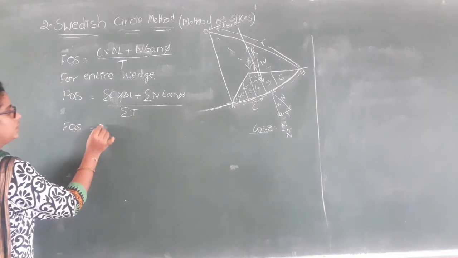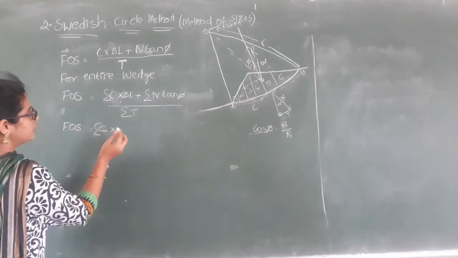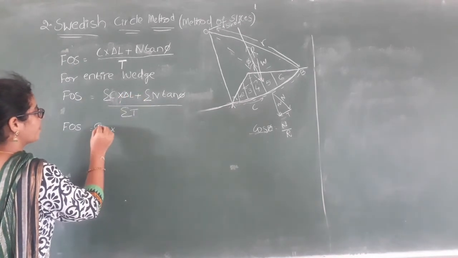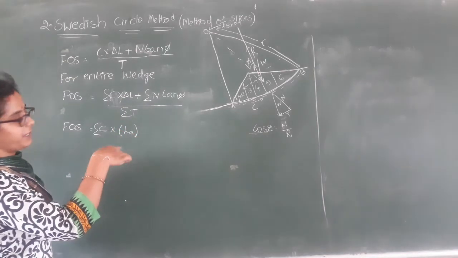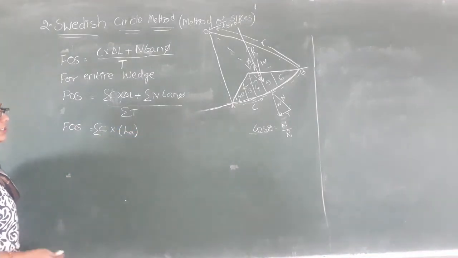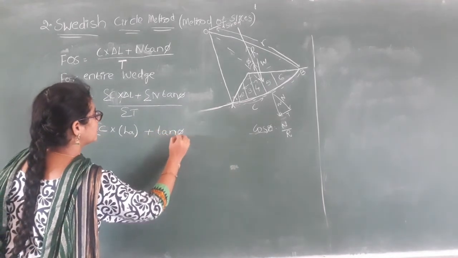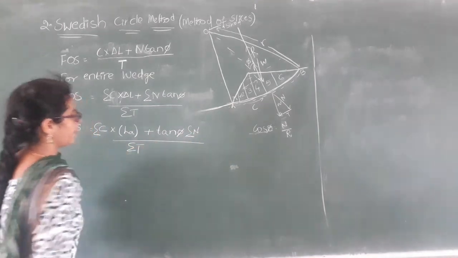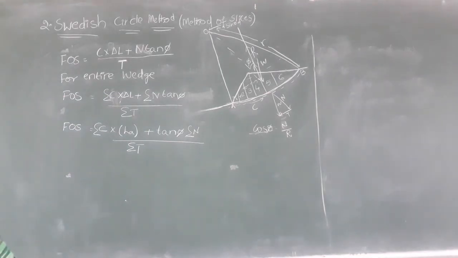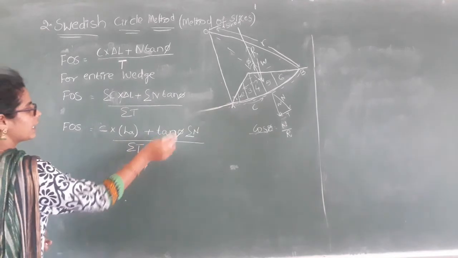Factor of safety is equal to C, we can take out delta L, summation of C into delta L can be written as L_A, the entire length of the slip surface, entire length of the trial wedge, plus tan phi we can take out and summation of N by summation of T. So students, one thing you need to note here, C and phi are constants.